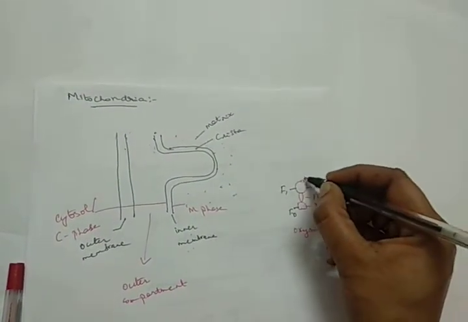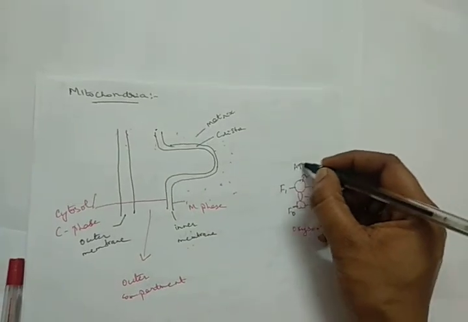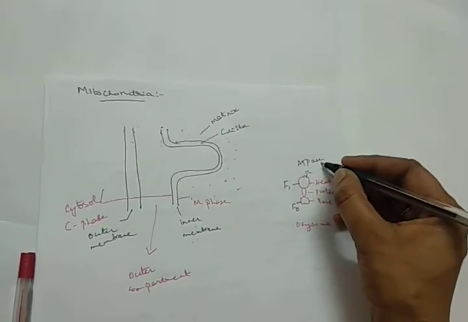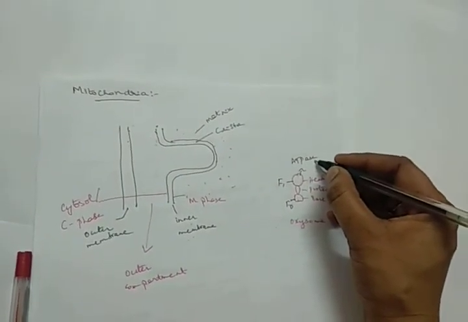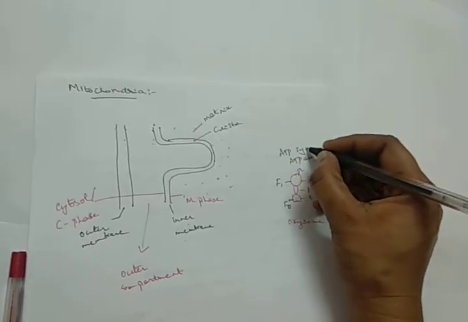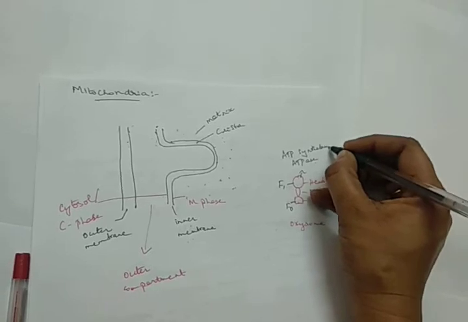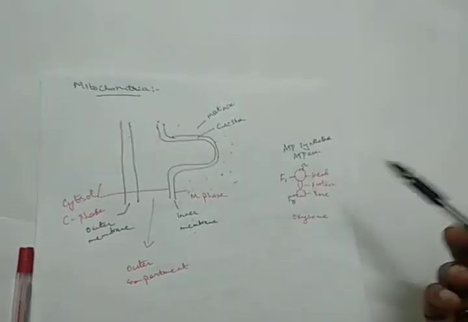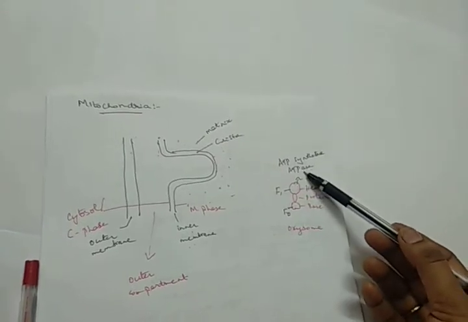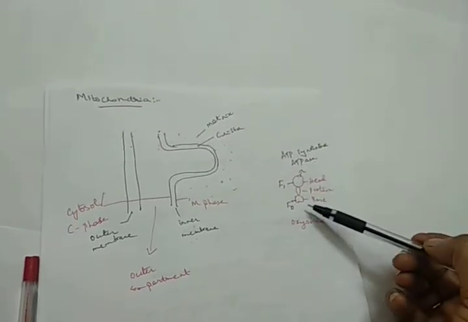And this head region itself is going to act as ATPase. ASE refers to an enzyme. So ATP synthetase is the enzyme which is going to help in the synthesis of the ATP molecule. So this is the oxysome.